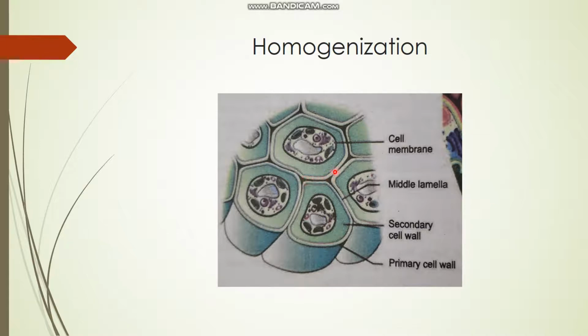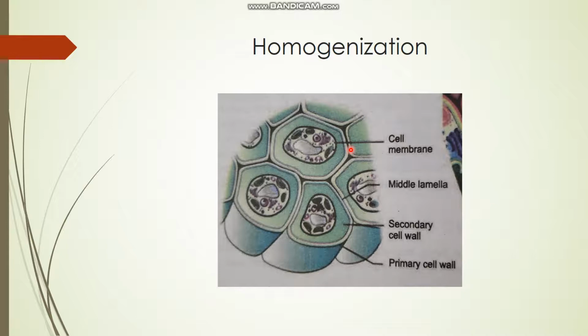It is present between the cells and acts as a cementing substance that joins the cells together. So if we want to separate the cells from each other to make a cell homogenate, we have to break this so that the cells can separate from each other.